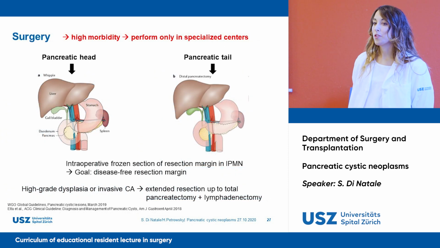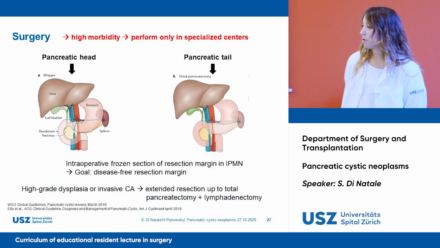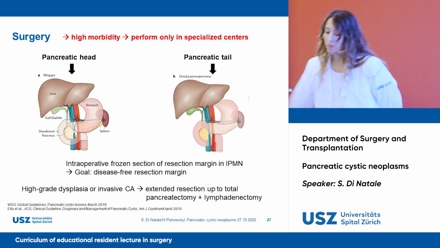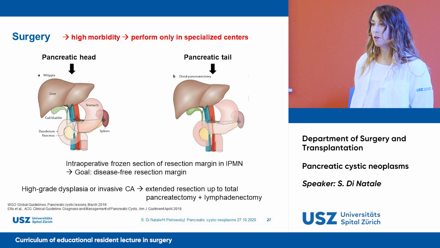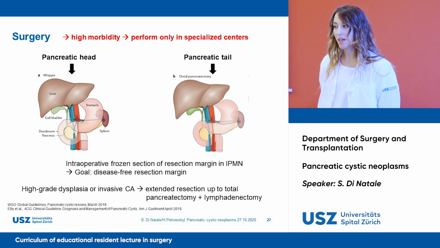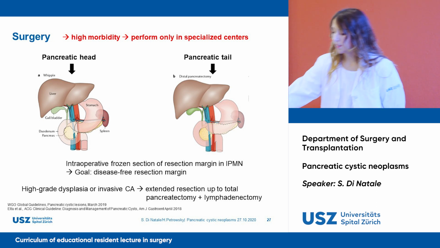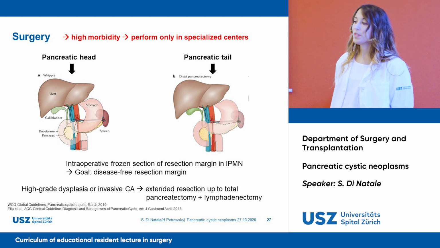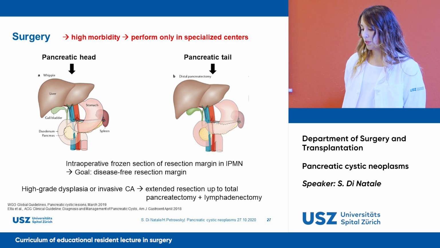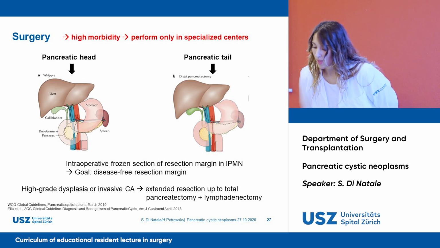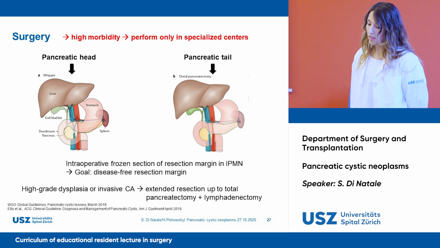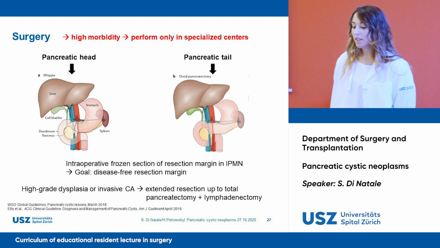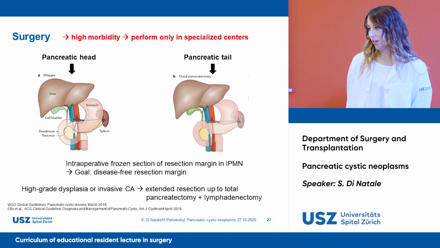What kind of surgery is now recommended in pancreatic cystic neoplasms? If the lesion is located in the pancreatic head, a Whipple pancreaticoduodenectomy is recommended. If the lesion is located in the pancreatic tail, a distal pancreatectomy with splenectomy should be performed. Now, in IPMNs, an intraoperative frozen section of the resection margin is recommended to ensure a disease-free resection margin.